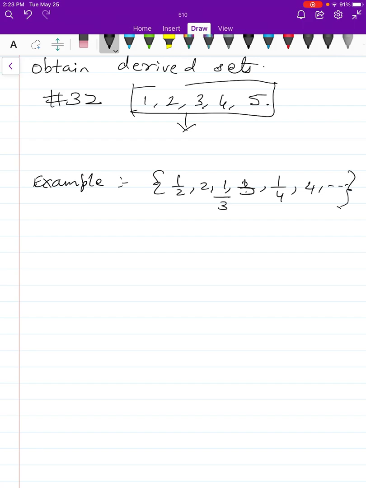This definitely has a limit point, one limit point, which is 0, because 1 over 3, 1 over 4, 1 over 5 have the limit point 0, but it is not bounded above. Therefore, since the set is unbounded above, it is definitely unbounded, because 2, 3, 4 will go on up to infinity. So it is unbounded, but it has a limit point 0.